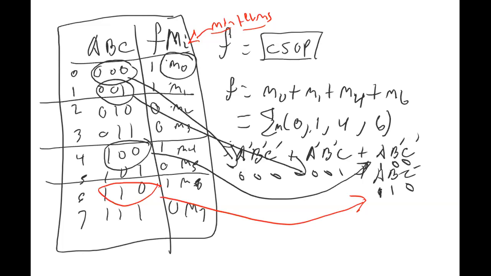Let's see how it relates to logic. A and B is a product term.